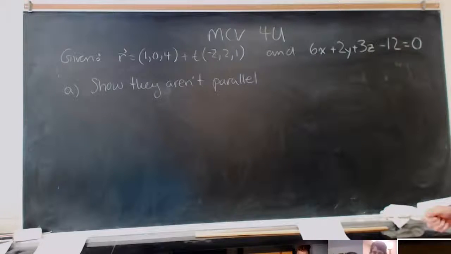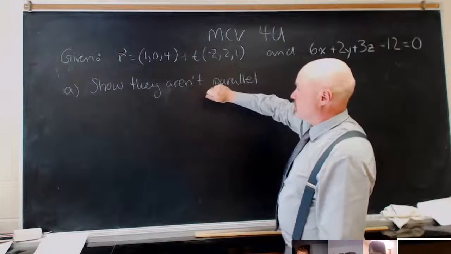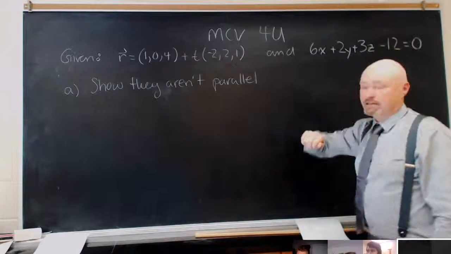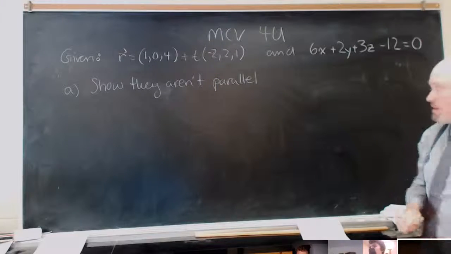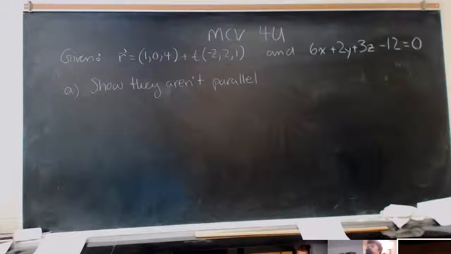So here we have a problem where we're given a line, position vector 1, 0, 4 plus t times the direction vector -2, 2, 1. And we're given the plane 6x plus 2y plus 3z minus 12 equals 0. The first problem is we need to show that they are not parallel.